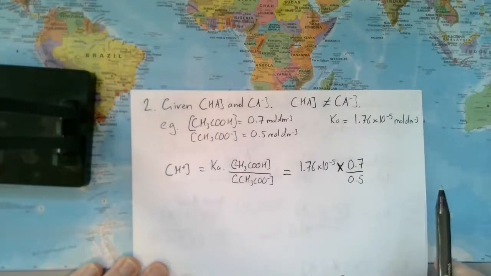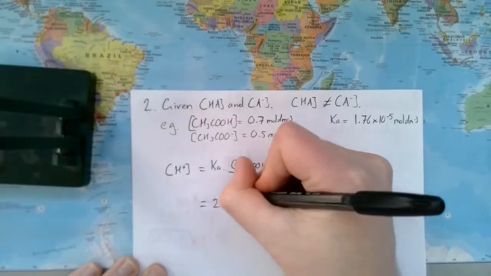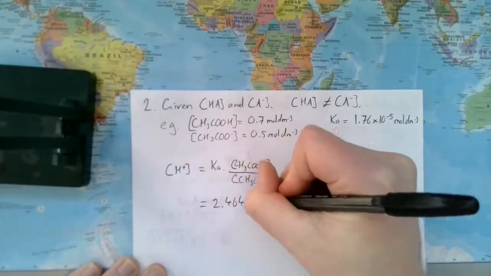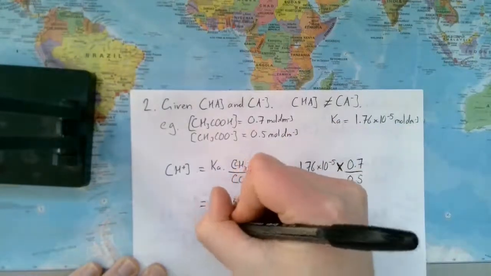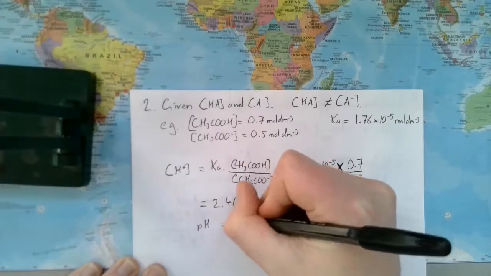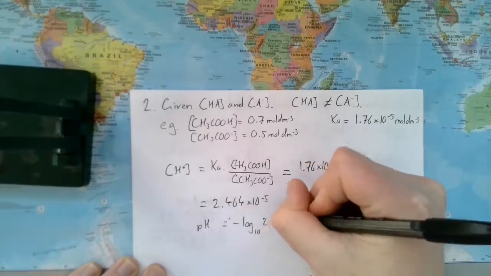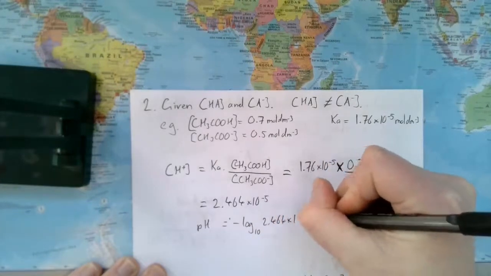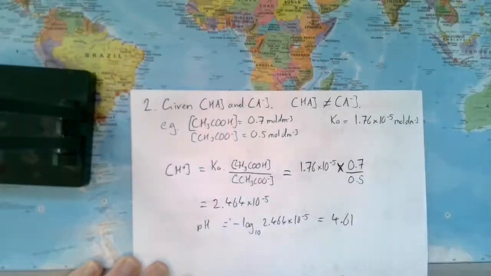So, we go through that, and the concentration of H plus equals 2.464 times 10 to the negative 5, and if we had to find the pH, then that's negative log to the base 10 of 2.464 times 10 to the negative 5, which equals 4.61.